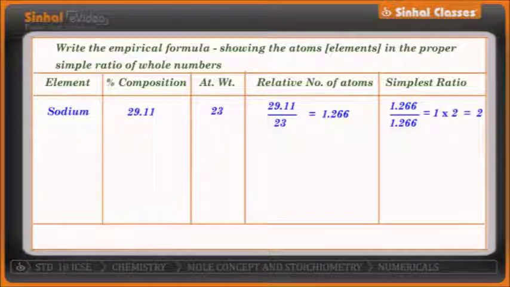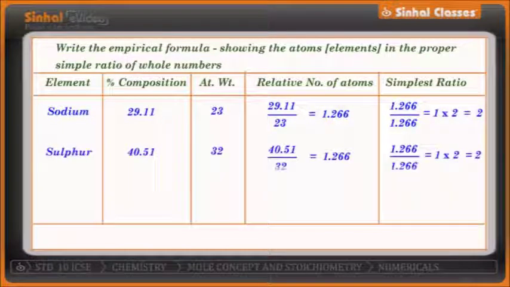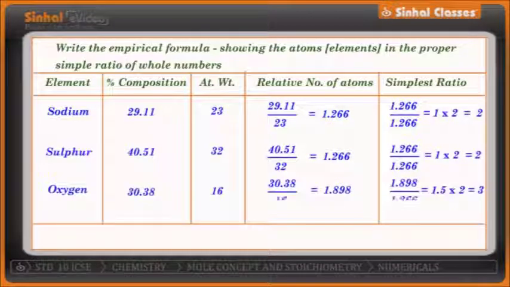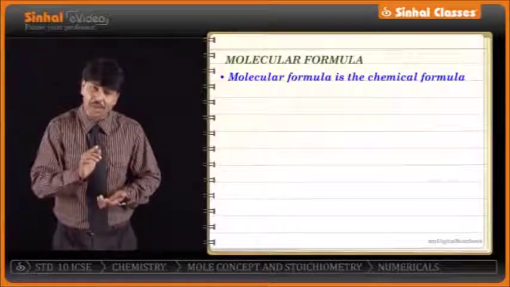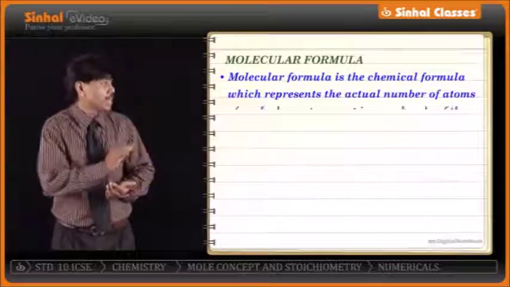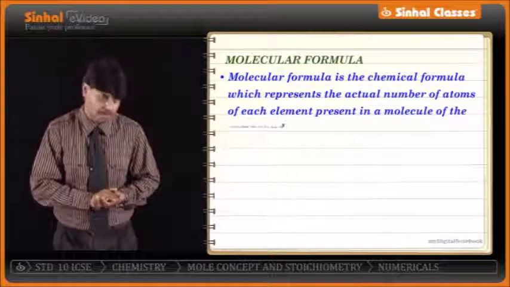In case of sulfur, again 1 into 2, that again gives you the answer 2. Whereas oxygen 1.5 into 2 will give you 3. Therefore, the simplest ratio of sodium, sulfur, oxygen is 2:2:3. Therefore, the empirical formula is Na2S2O3.